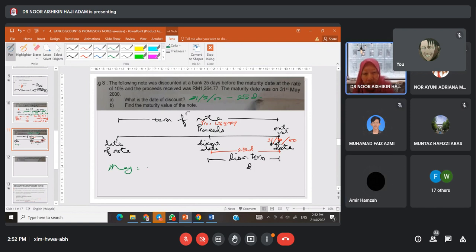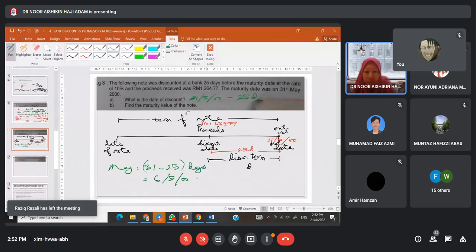Tolakkan je lah. So that will be 31 days tu tolakkan dengan 25. Saya dapatlah 6 May of the same year. Ni days 31 minus 25 days. Boleh? Kalau you tak percaya, 6 plus 25 equals 31.